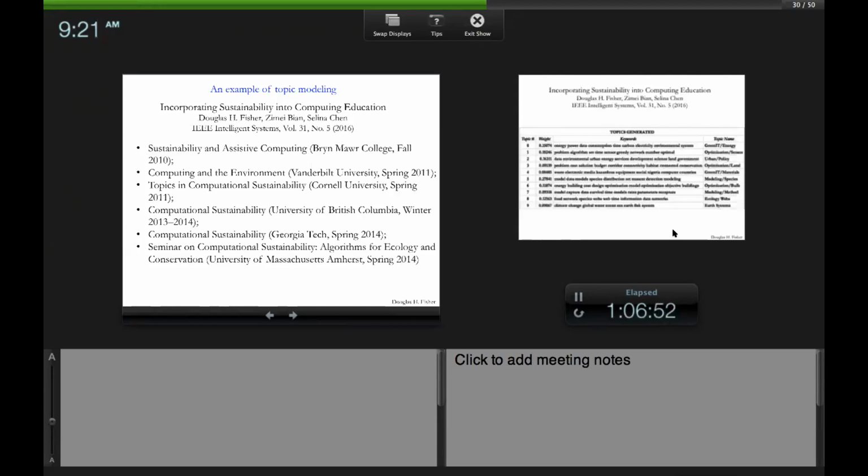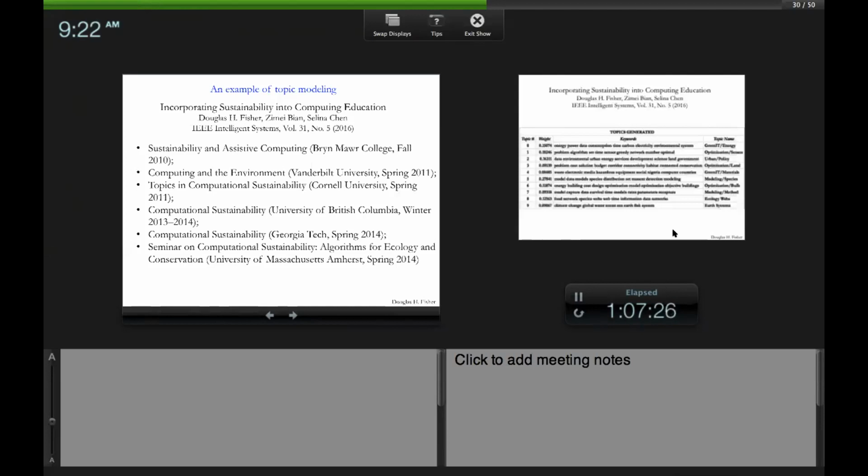So for example, this has been used to classify articles from Science and Nature and whatnot. So you might throw all the articles from Science and Nature for the last 20 years in as input to topic modeling software. And ideally, the topic modeling software would distinguish topics like biochemistry from astronomy, from some type of behavioral science like psychology.